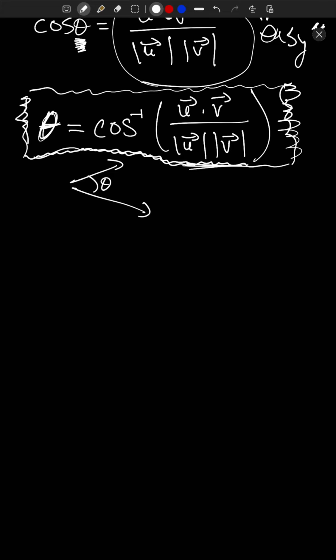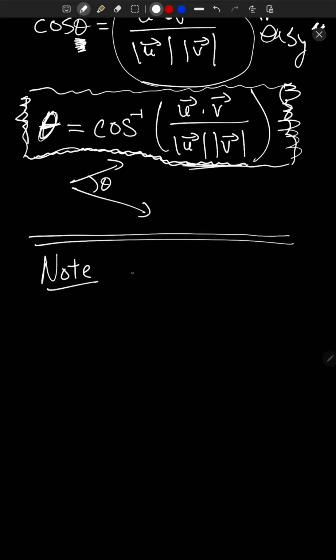Let me do one more thing before we actually talk about properties. So notice another thing. Let me do this again with a numerical example: u is equal to 1, 3, 5. What is u dot u?